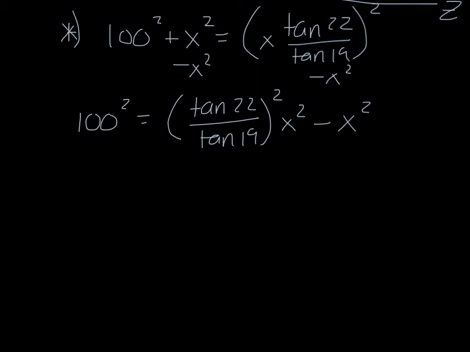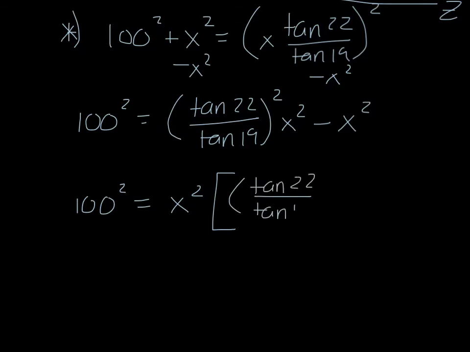And now I have an x squared on both terms here, so I can factor out an x squared. So I have 100 squared equals x squared times tan 22 over tan 19 squared minus 1.